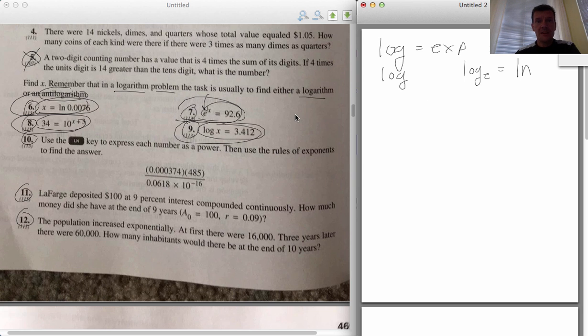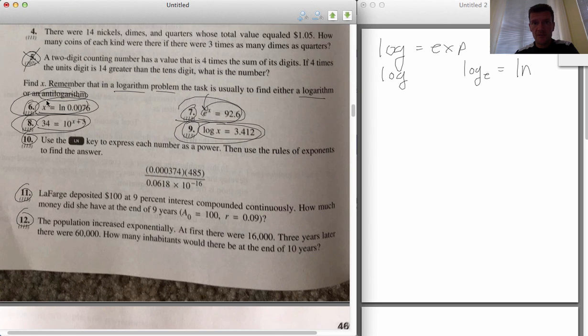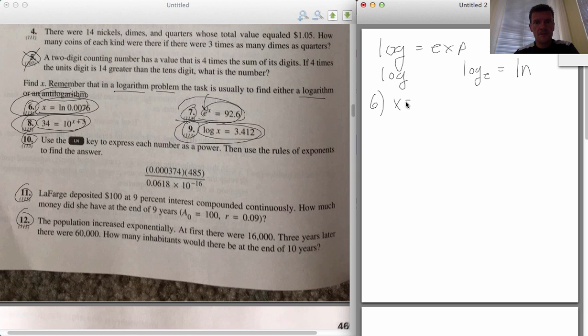So let's talk about how we work with logs, how we solve and evaluate logs. Right here, number 6, x equals natural log of 0.0076. You basically just take your calculator, find the ln button, punch in 0.0076 and take the natural log of it.